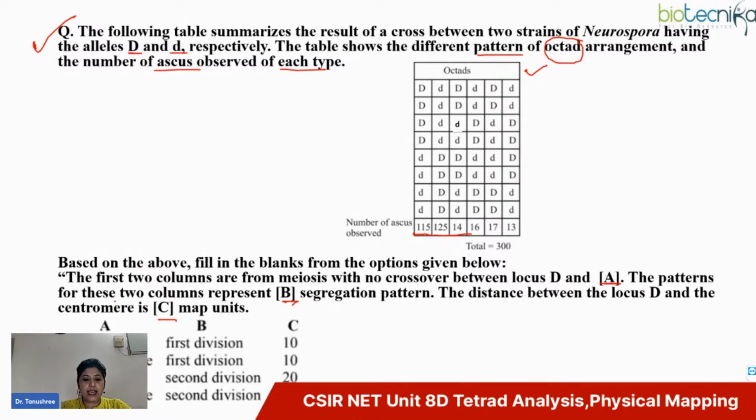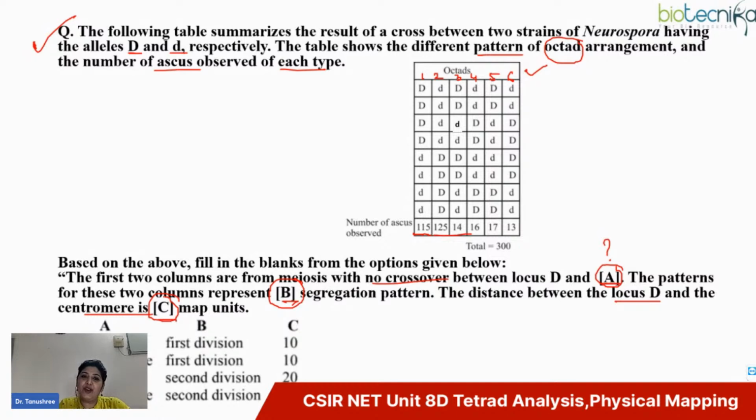So the entire statement is that the first two columns are from meiosis with no crossovers between locus D and the centromere, and you have to fill it in. The second is that the patterns for these two columns represent dash segregation pattern. And third is that the distance between locus D and the centromere is dash map units.